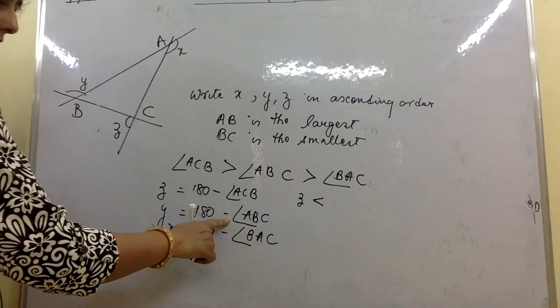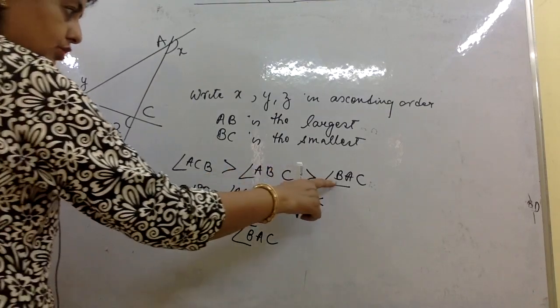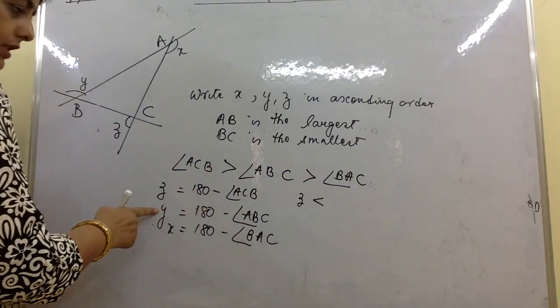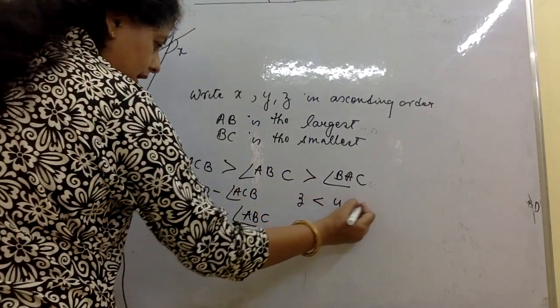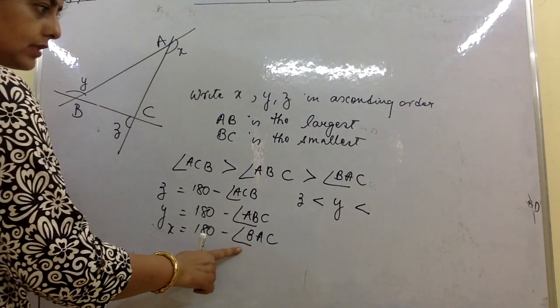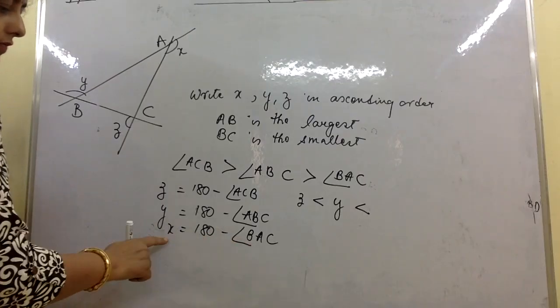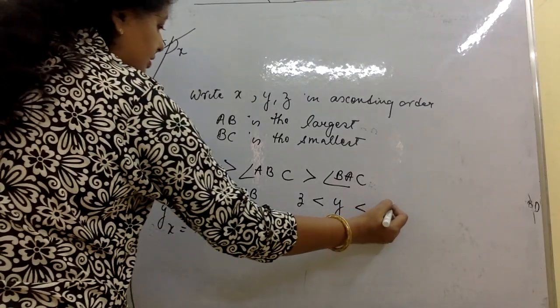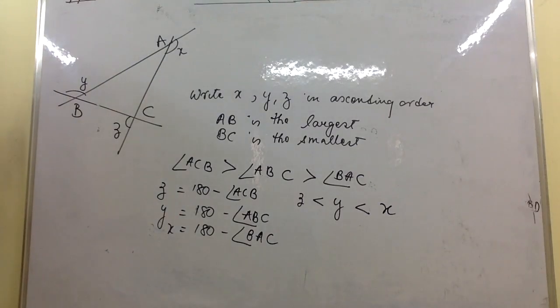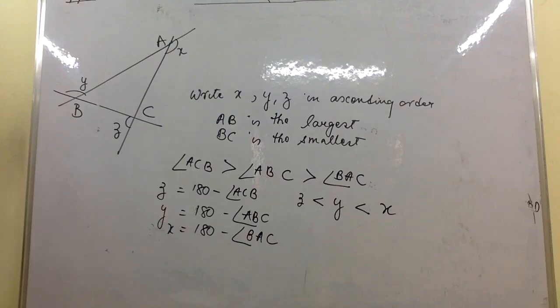Then ABC is in the middle, so Y is also in between. And BAC was the smallest angle, therefore when you subtract it from a constant value, X is the largest. So this is what you have to write. We have written it in ascending order.